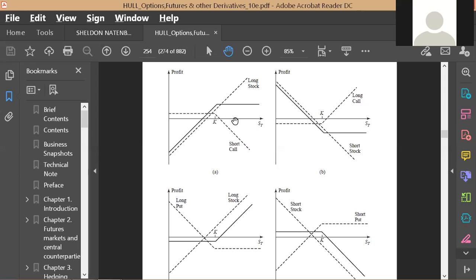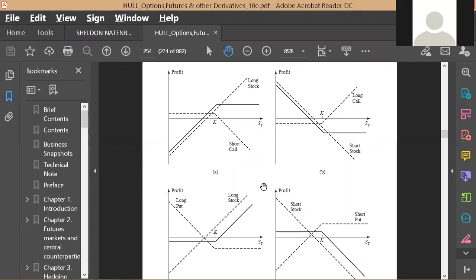As the market price rises above K, the value of the option and its intrinsic value increase proportionately, but your position, since it is short that option, will keep on losing money. So the short call will have this kind of profile.